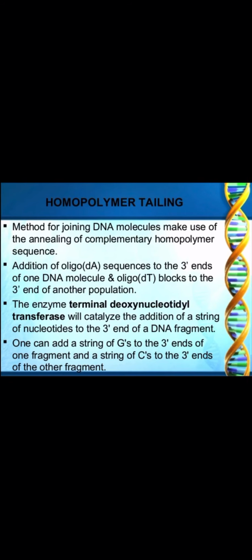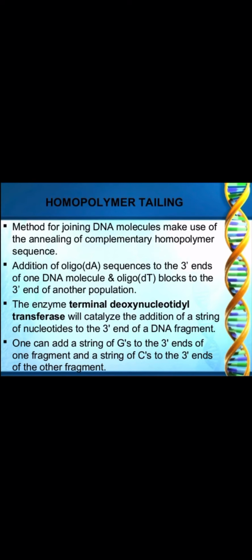The third process is homopolymer tailing. The method for joining DNA molecules makes use of the annealing of complementary homopolymer sequences. We add an oligo dA sequence to the 3' end of one DNA molecule and an oligo dT block to the 3' end of another population.